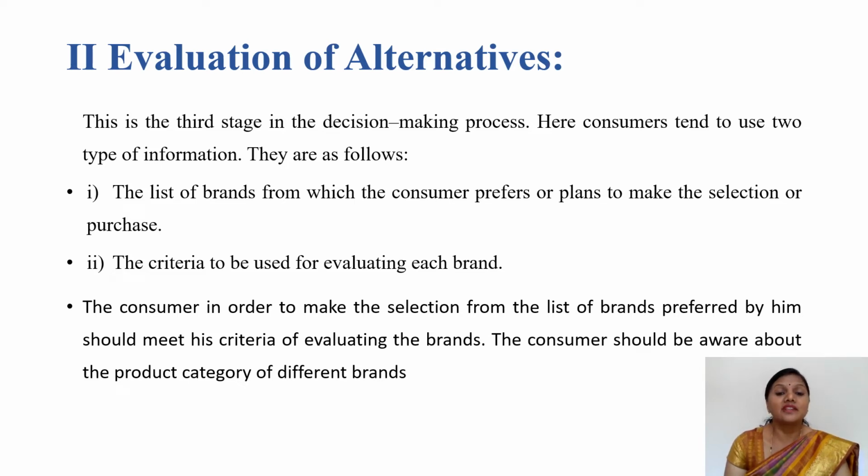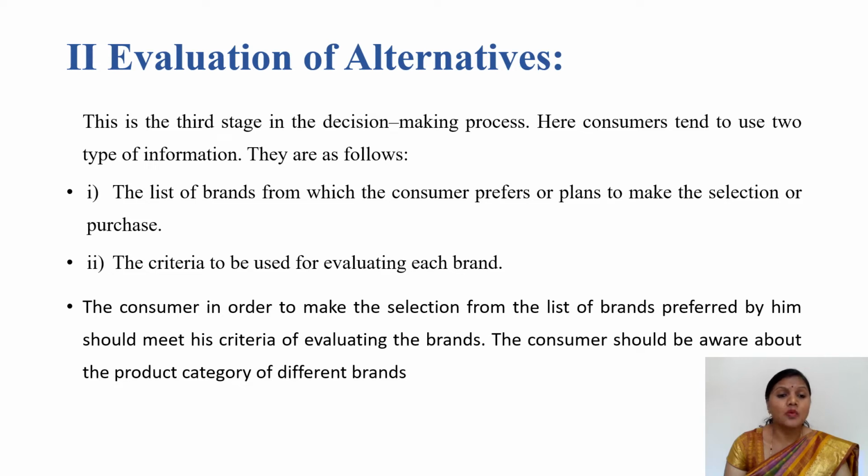Consumers, in order to make the selection from the list of brands preferred by him, should meet his criteria for evaluating the brands. So first he will list out all the brands available in the market, and secondly he will take all the criteria for evaluating each of the brands.